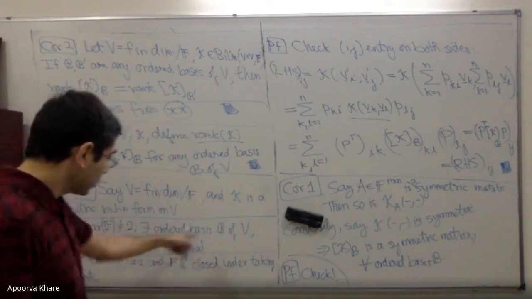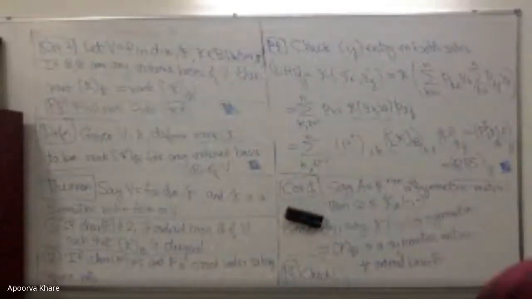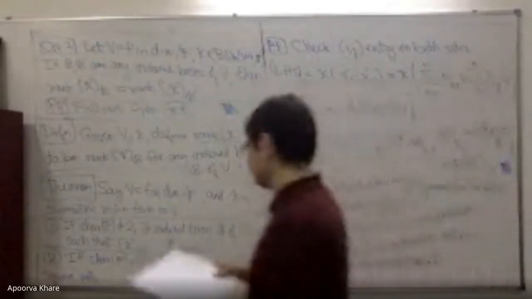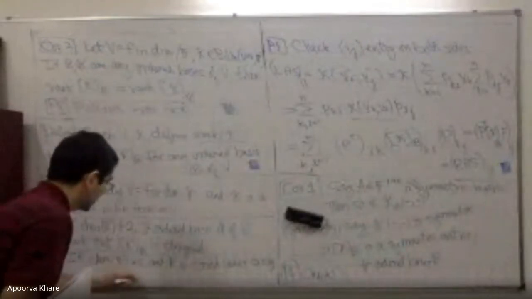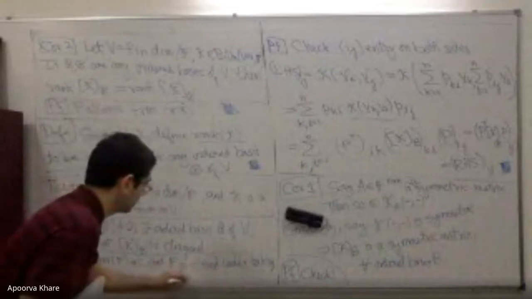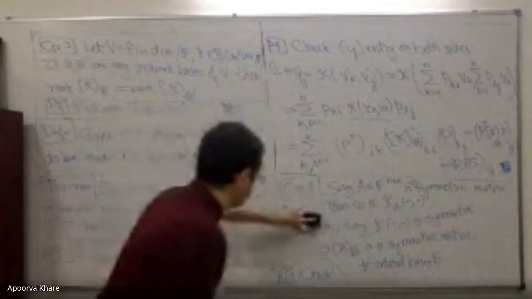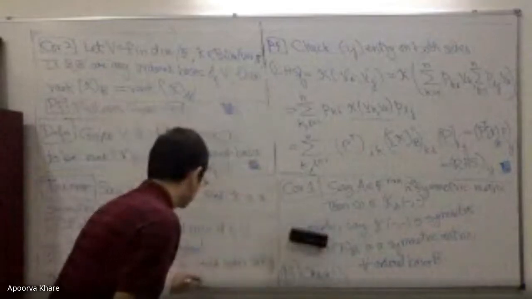Then in fact I can ask for the diagonal matrix to be the identity matrix, sort of. Again, then there is an ordered basis B of V such that the same thing.